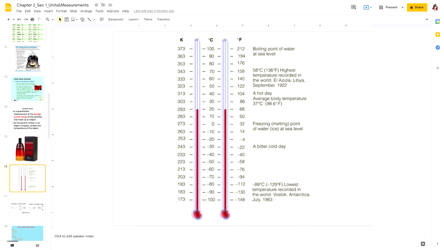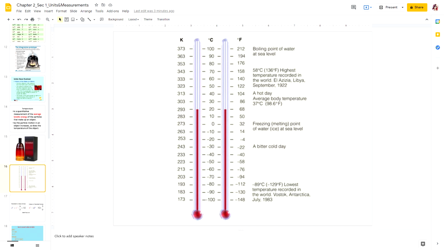So this slide shows the three scales of temperature. The first one is the Kelvin, and then the Celsius or centigrade, and the third one is the Fahrenheit scale. As you can see, you can compare. Let's take a look at the Celsius, the middle one.